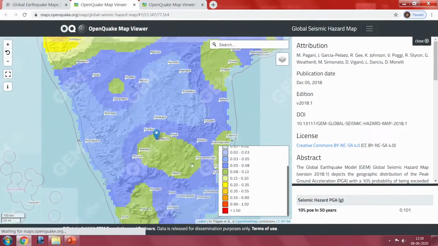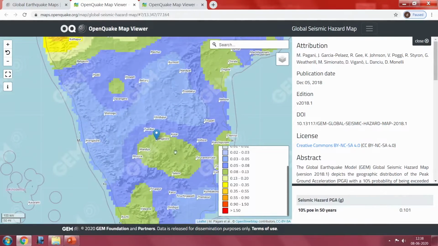Such an interactive map will be useful for regional level planning and city level planning. That is what we have to target as part of any microzonation mapping system. Hopefully our future NDMA map, which they are planning to produce, will have such a city level map where you can see the variation with respect to different parts of the city.